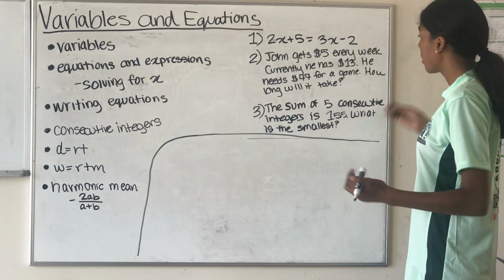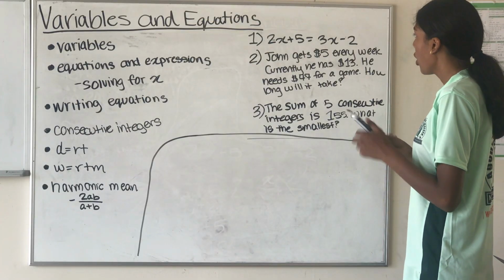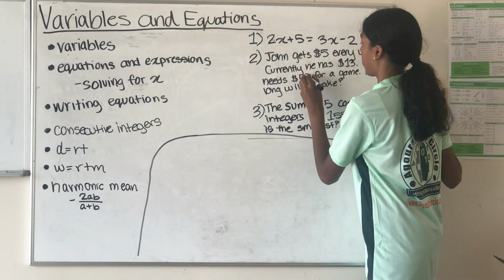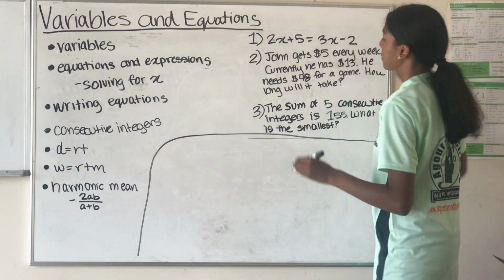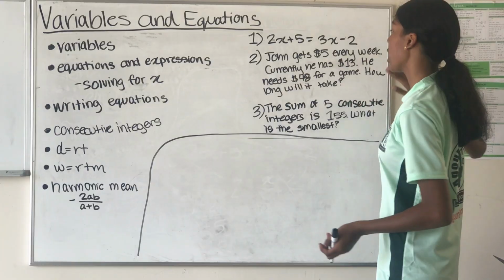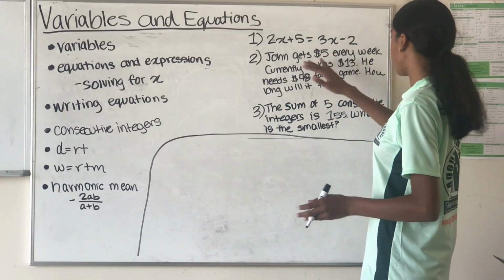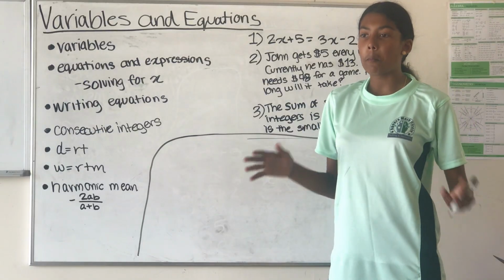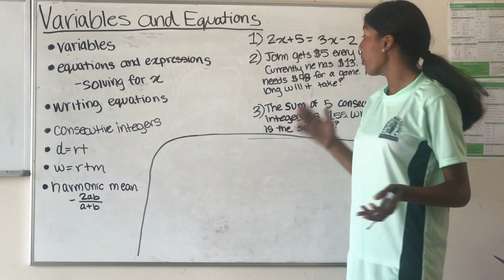So what we're going to do is, actually I'm going to change this to 48. The problem will make more sense then. So it's $48 and gets $5 every week, starts with 13. So let's set a variable for the number of weeks.